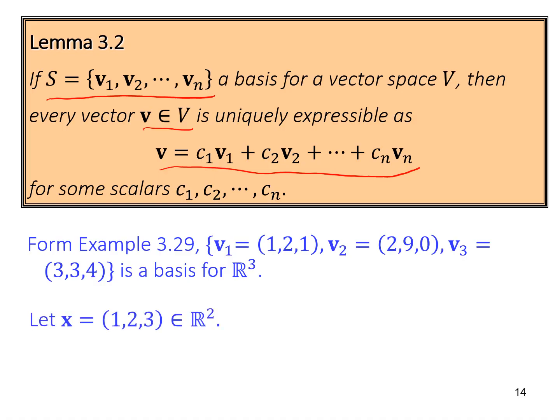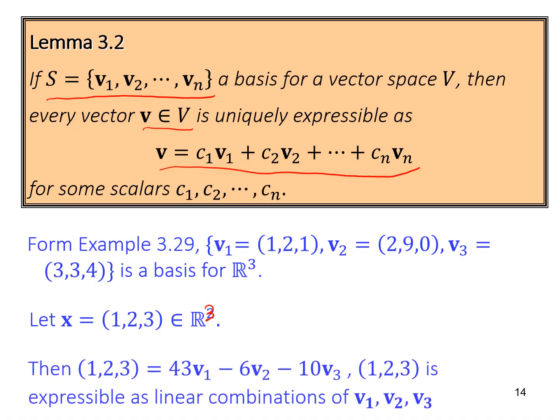If we pick an example vector in R3, let's say the vector X has components 1, 2, and 3, you may check that the vector X is expressible uniquely as a linear combination of V1, V2, and V3, where the scalar C1 is 43, the scalar C2 is -6, and the scalar C3 is -10. So this example verifies this lemma.